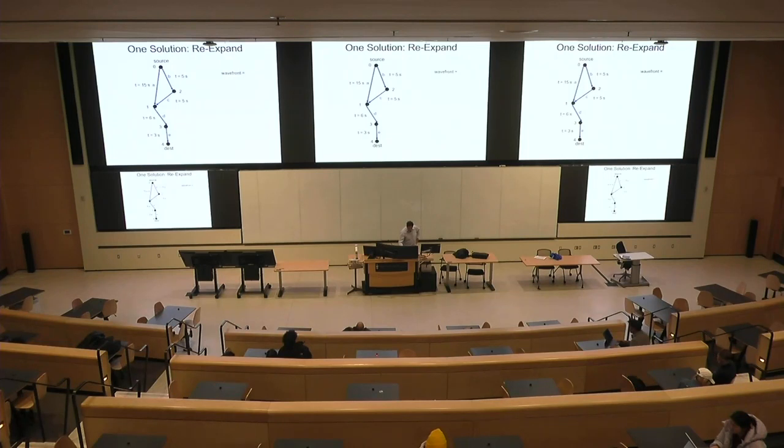So I gave you this little example of a graph, and breadth first search will start searching at the source, and then it'll find I can get here, and then here, and here, and it'll take this path, which is not the shortest one, okay? There's a shorter path that goes the other way, but standard breadth first search doesn't find it.